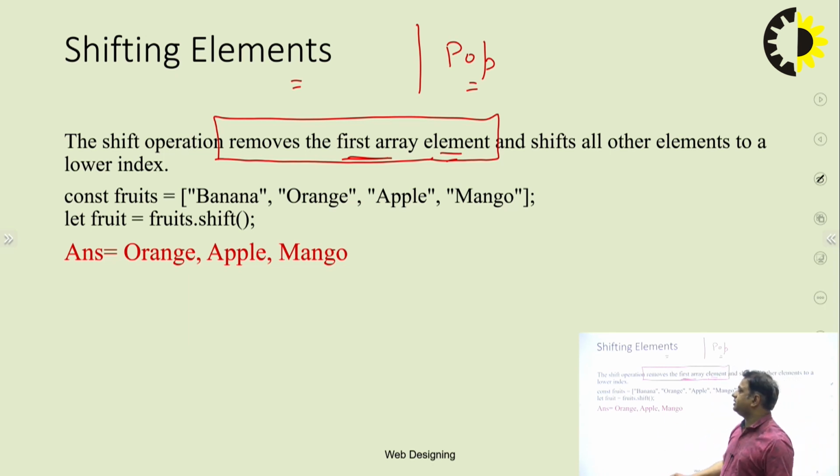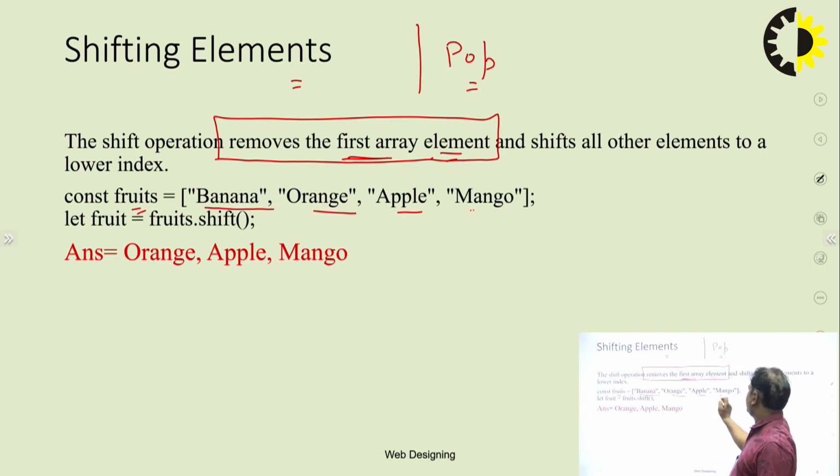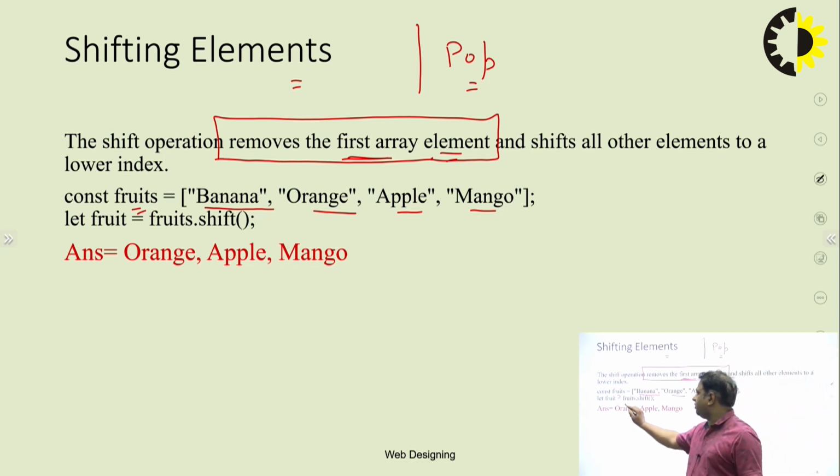Suppose we have an array fruits, banana, orange, apple and mango, and this is an example from w3schools.com, a very genuine website for learning web technology or web related topics, right? So const fruits equals banana, orange, apple and mango, and I am going to perform fruits dot shift.